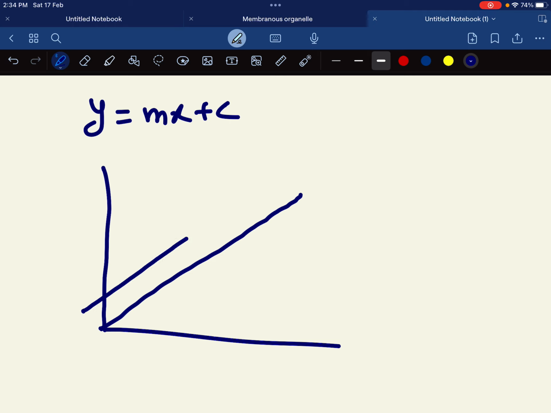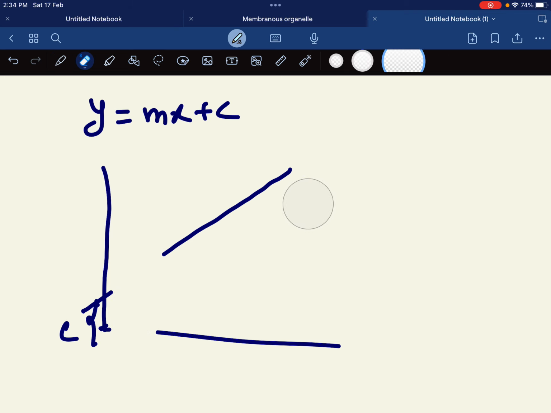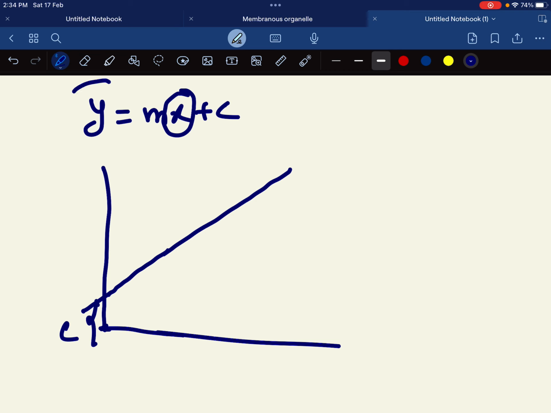This should be like this. This one is the c. So whatever it is, when we plot a graph, we must consider two variables. One is the independent variable, that is the x, and another is the dependent variable. You know that we plot the independent variable in the x-axis and the dependent variable in the y-axis. This is very basic.